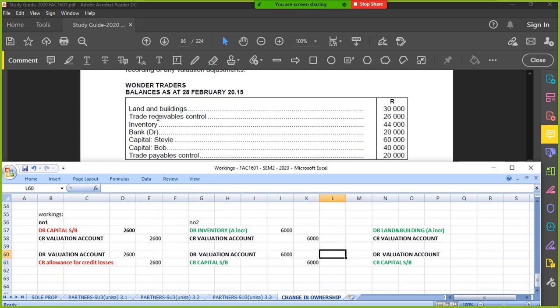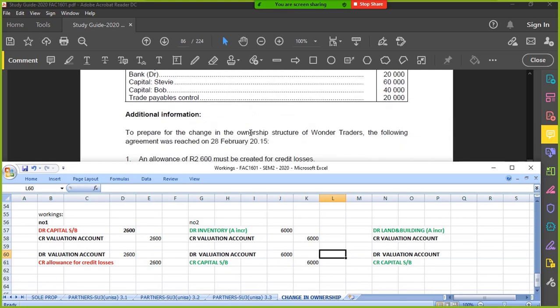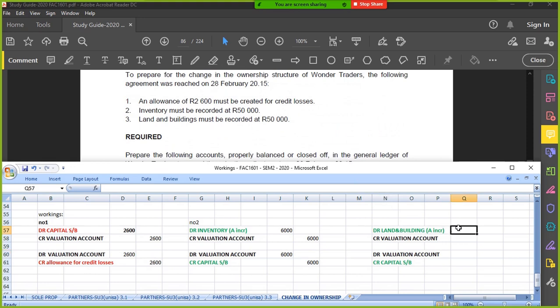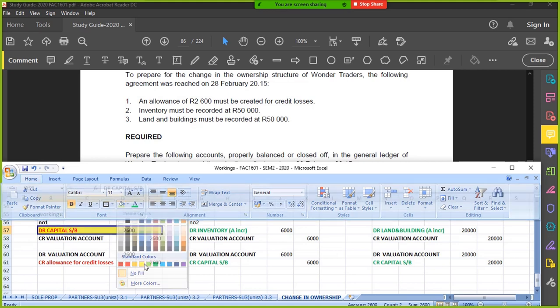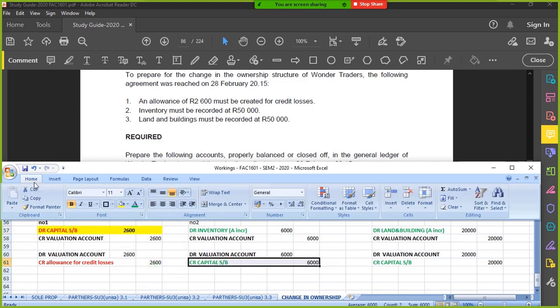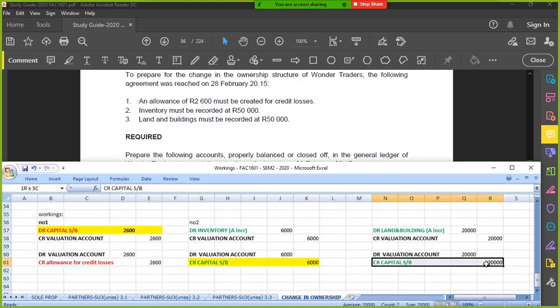Land and buildings. What is the land and buildings? 30. What did we say it's valued at? 50. What's the increase going to be? 20. Good. 20 there, 20 there, 20 there, 20 there. Just remember, when you're allocating this, you need to split it. How much does Stevie get and how much does Bob get?